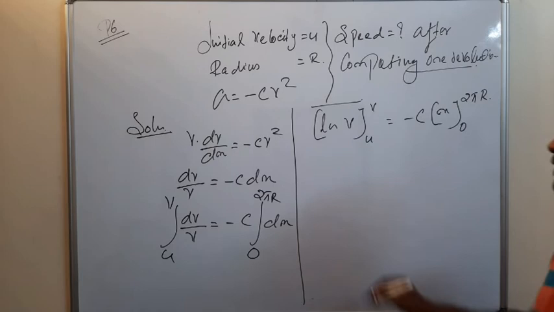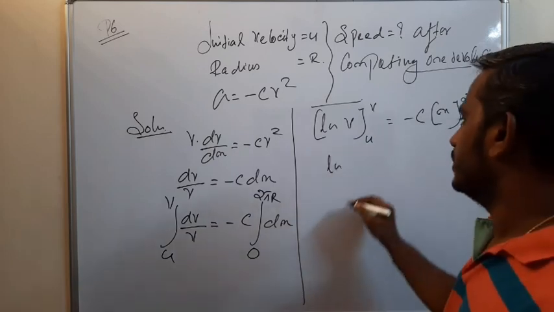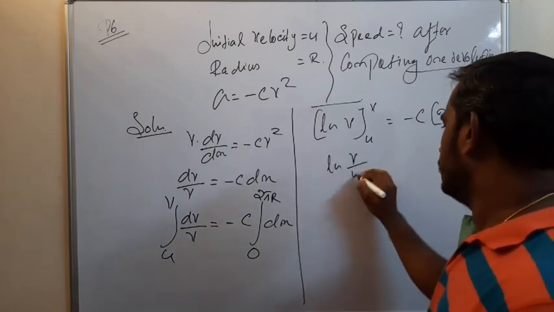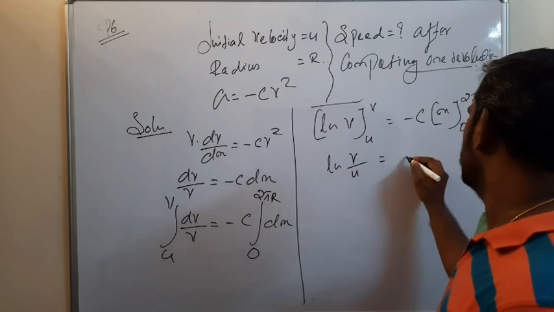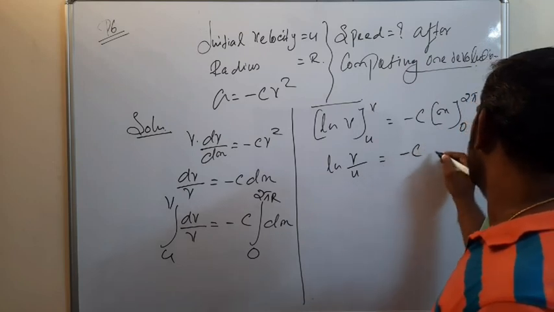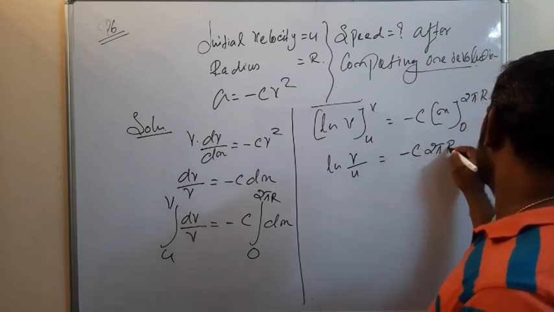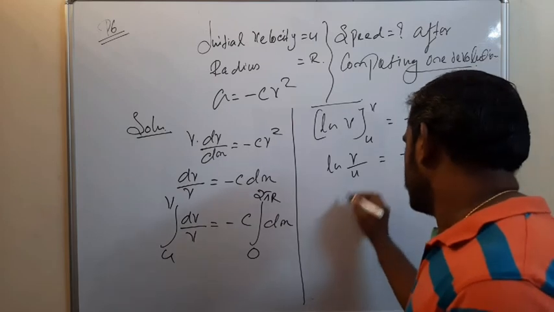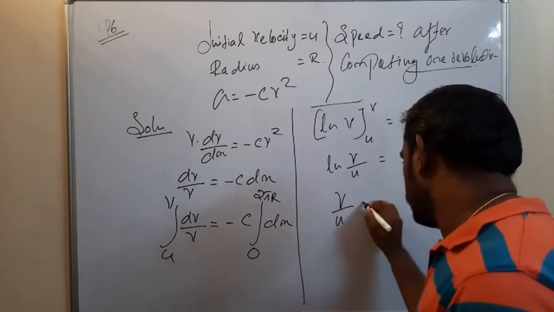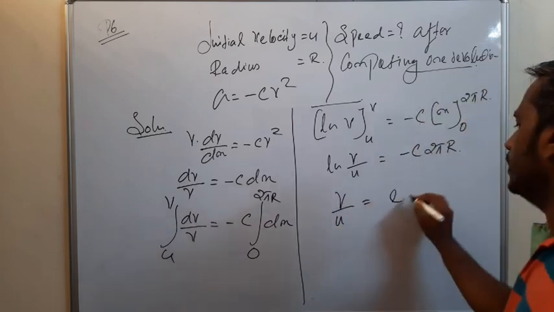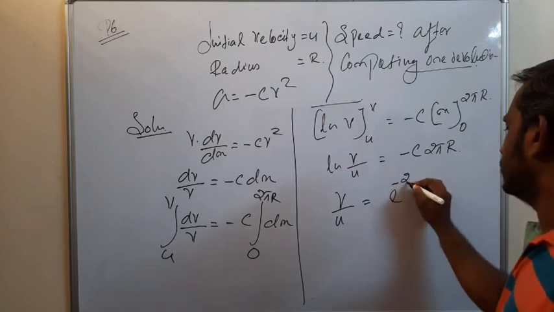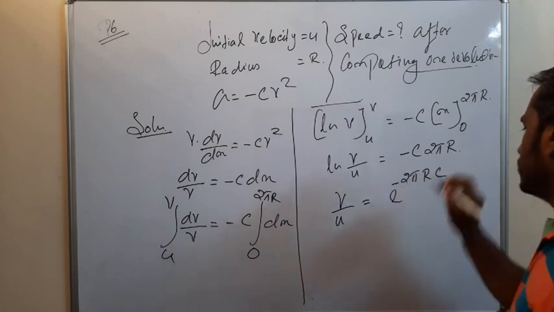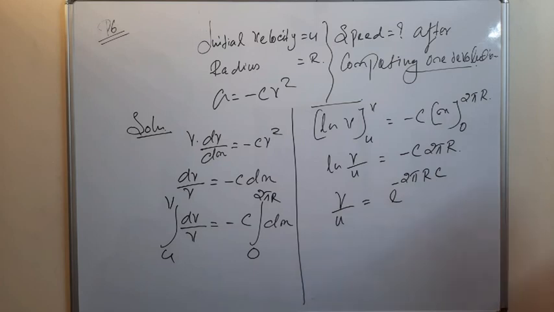Applying the limits, log v by u is equal to minus C times 2 pi r. So from this, v by u is equal to e power minus 2 pi r C.